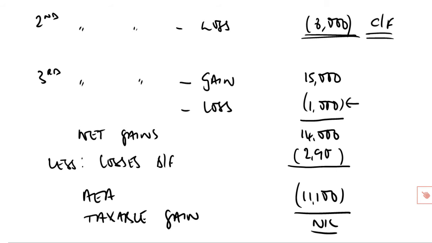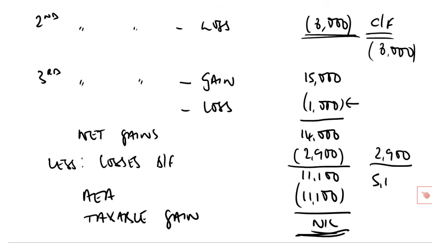If we therefore use 2,900, that will bring, I hope if my mental arithmetic is right, our gains down to 11,100, sufficient to be covered by the AEA, and therefore we give you nil taxable gain and no tax to pay. And what it would now mean is that out of that 8,000 loss that was brought forward, we've now used 2,900, so we still get £5,100 worth of loss to carry forward to the next year.